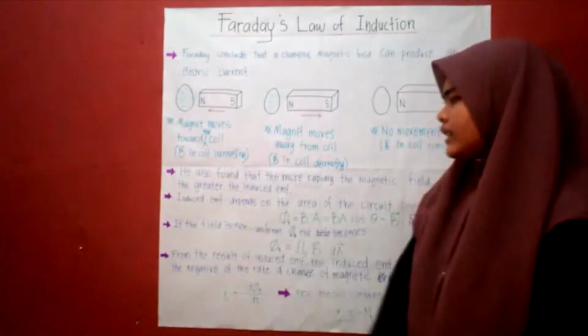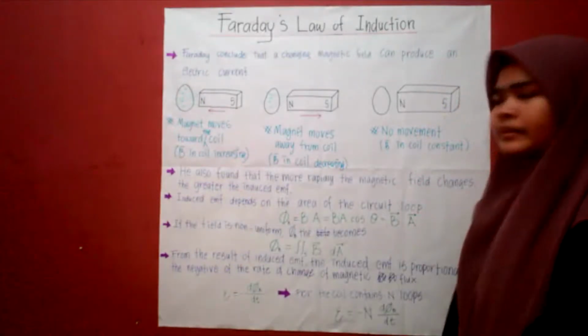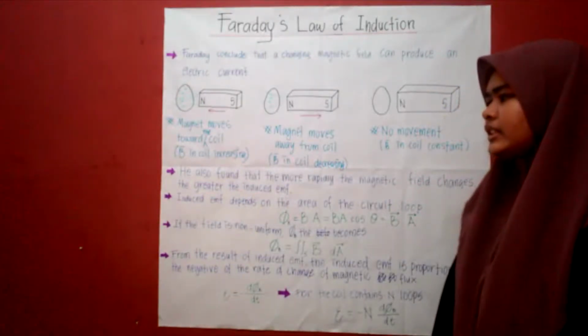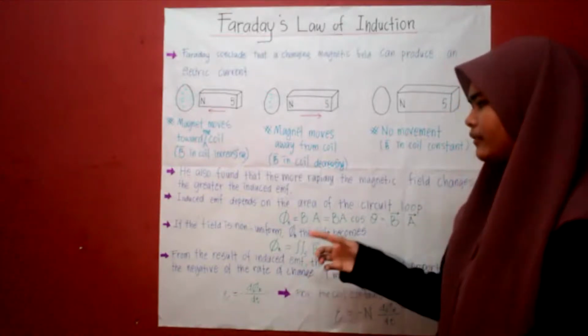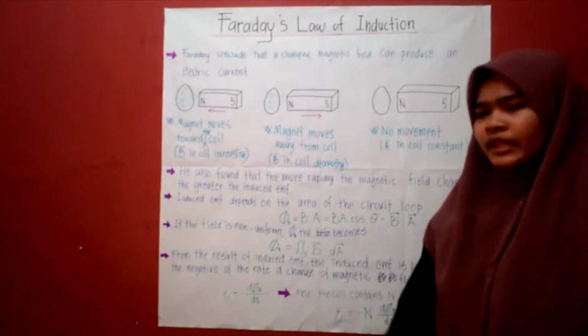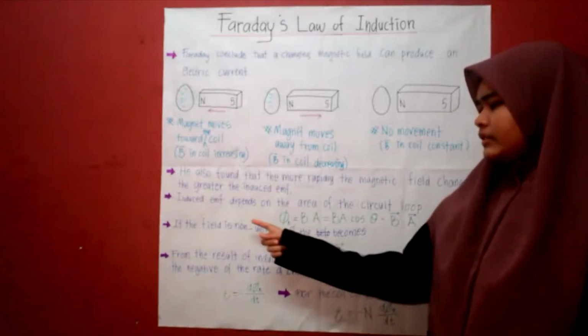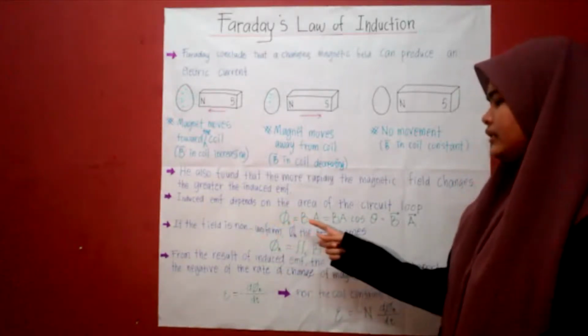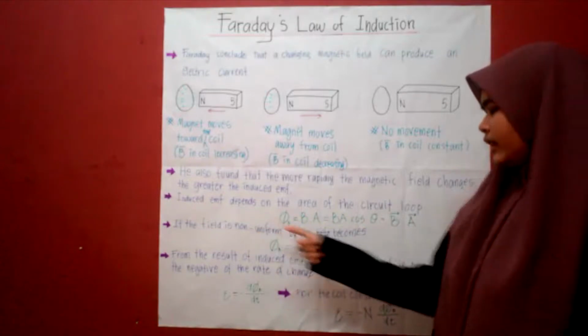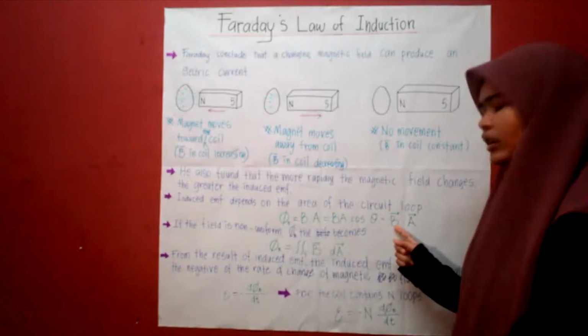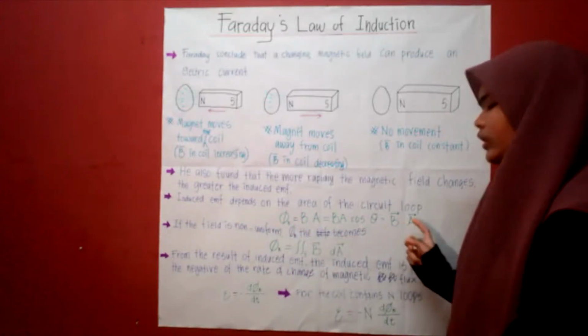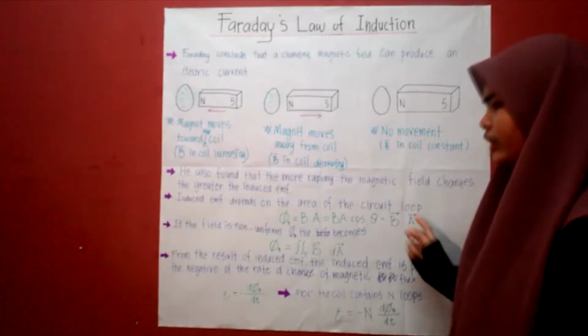He also found that the more rapidly the magnetic field changes, the greater the induced EMF. Induced EMF depends on the area of the circuit loop. Magnetic flux is equal to the vector of magnetic field dot vector of area.